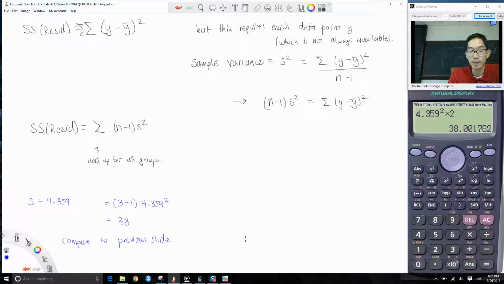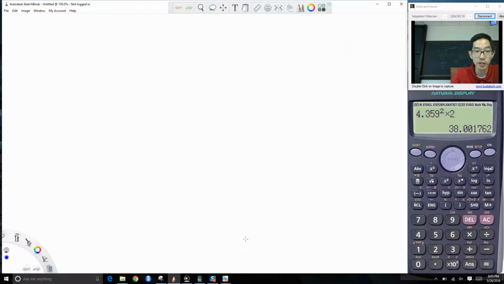Okay, and so we put this all together in our Anova table. So the Anova table. Okay, and we have what we call the source, and basically what we mean by it is source of variation.